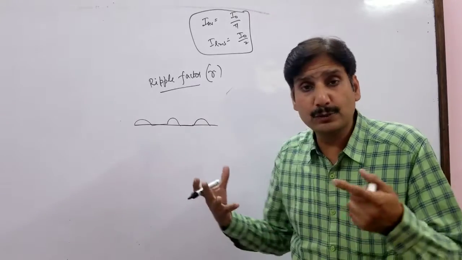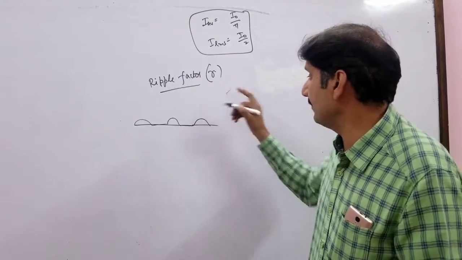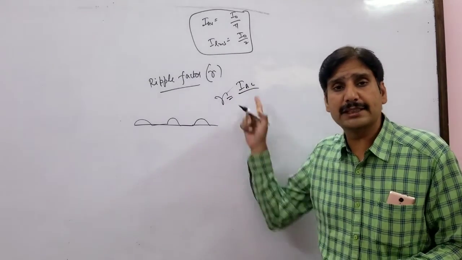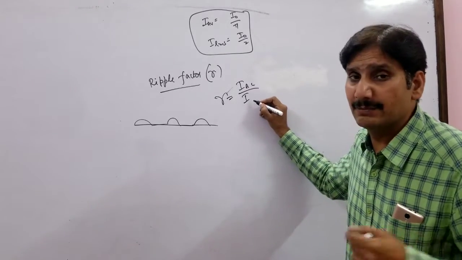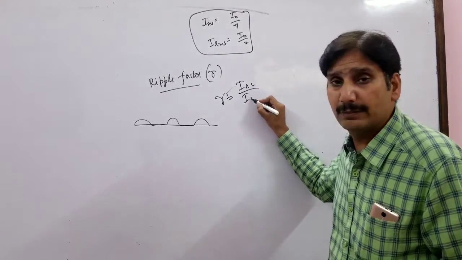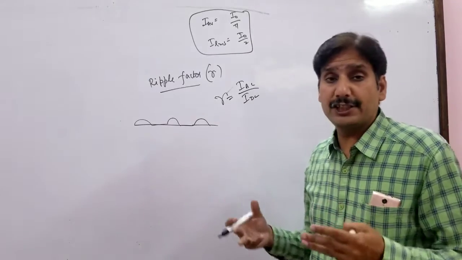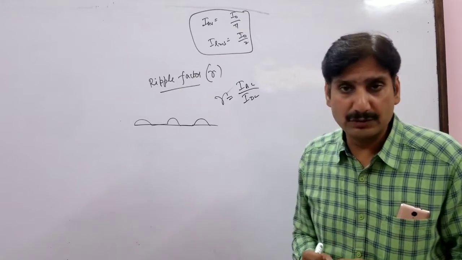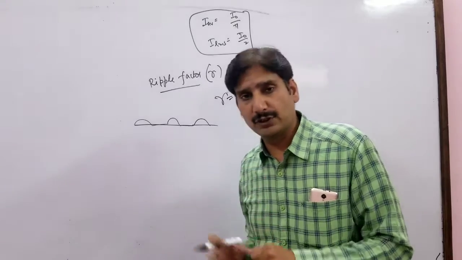The ripple factor gamma is defined as how much AC component is present at the output to how much DC component is present at the output. So ripple factor is defined as the ratio of AC component to DC component present at the output of the rectifier. The definition will be same even for full wave rectifier.